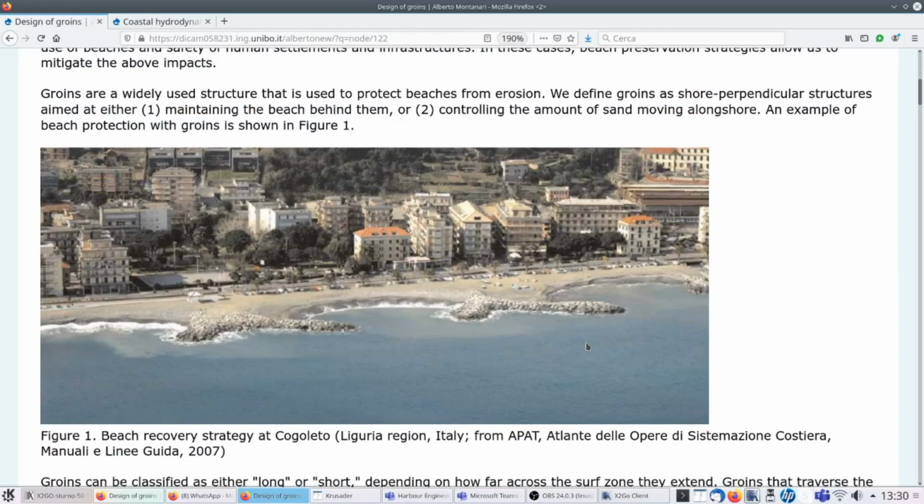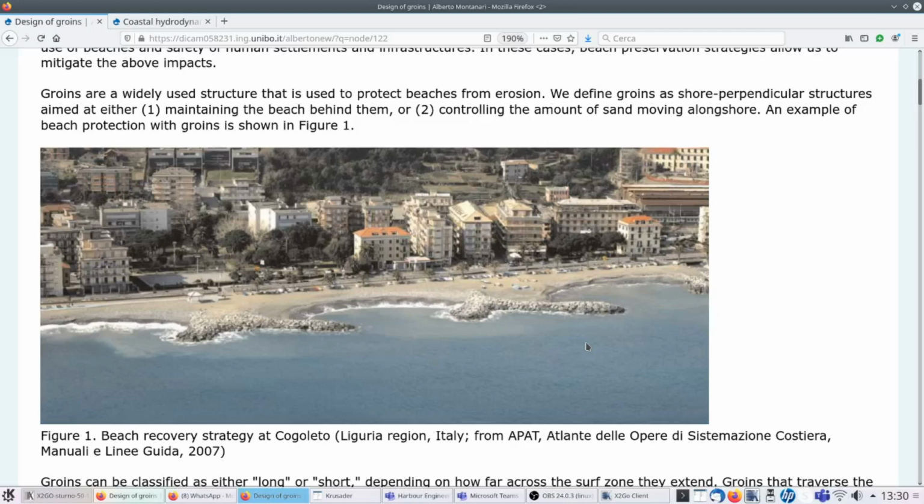If you look at the distance between the groins at the center of the figure, and you look at the position of the shoreline, you see clearly it's about 1/3, 2/3 in the center, and you can easily recognize the formation of the pocket. The pocket is given by erosion downdrift and accretion updrift.